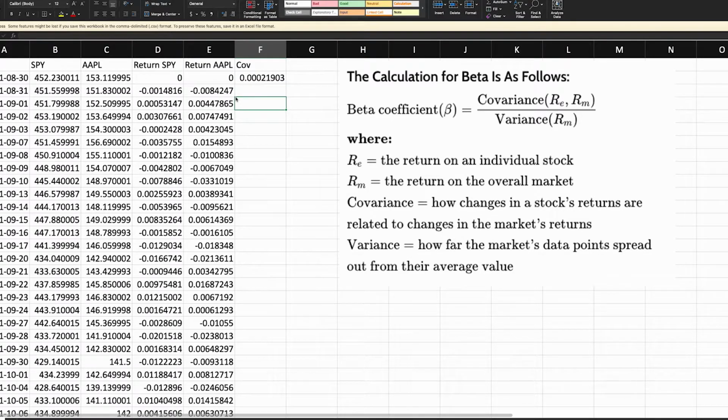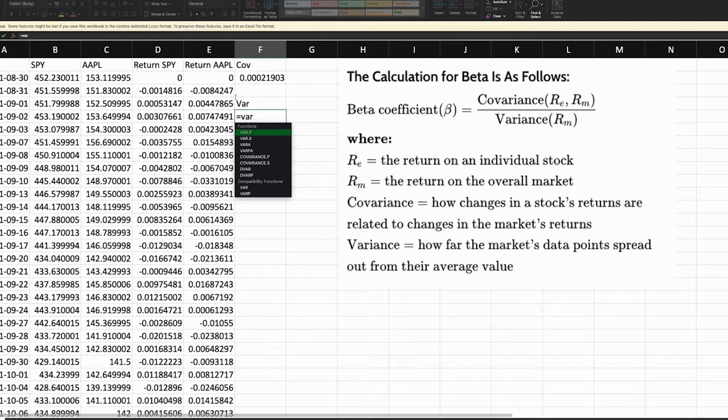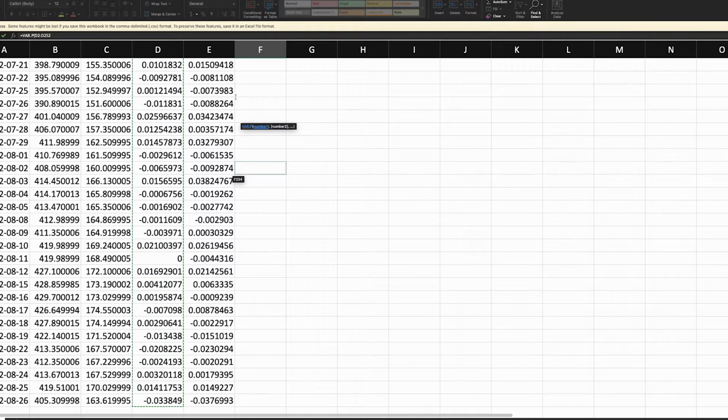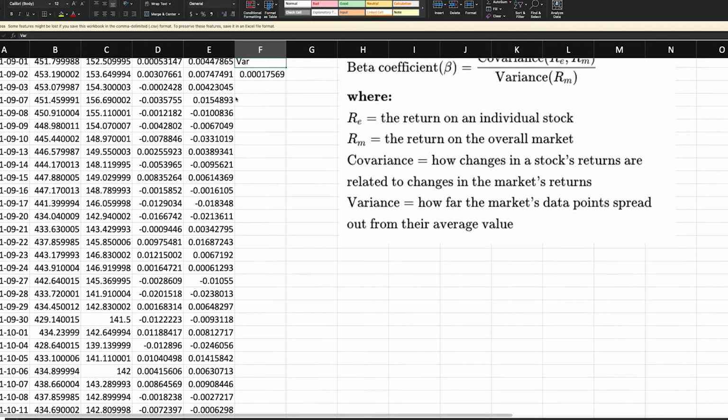Next, we need to calculate the variance for the market, which is the SPY. We can also use a built-in formula for variance, which is equal sign VAR.P, or you can use .S, doesn't matter. And then the variance of the return data of the market, which is here. Close bracket.